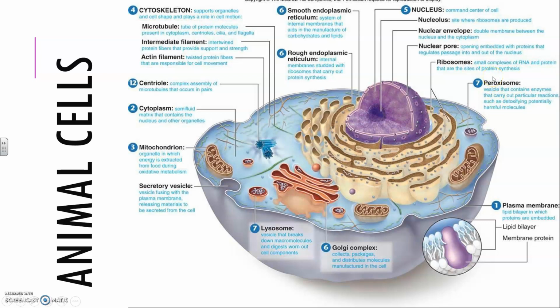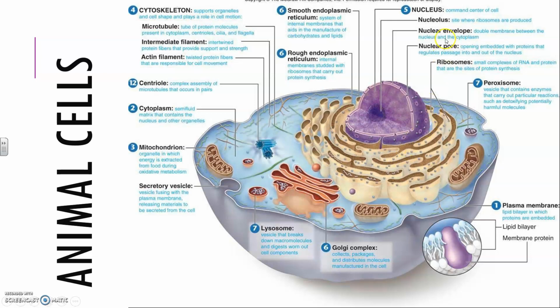We did talk about the ribosomes, and we're going to get into those more in depth in the next couple chapters. They are small complexes of RNA and proteins that are the site of protein synthesis. There are two different types: free ribosomes, which you'll see floating out in the cell, so we've got a couple down here, and bound ribosomes that are part of the rough endoplasmic reticulum.